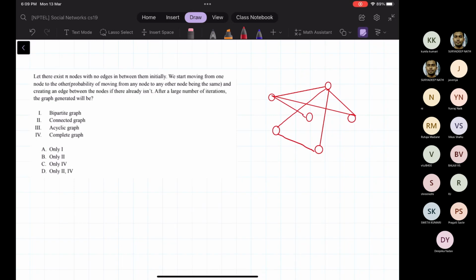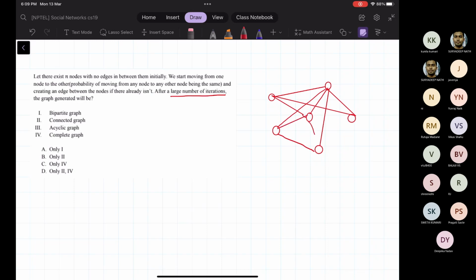So if you do this for a large number of iterations, the graph generated will be, you have four options: bipartite, connected, acyclic, or complete. If you keep repeating this process, and from every node you can jump to every other node, eventually every node will hop on to every other node.